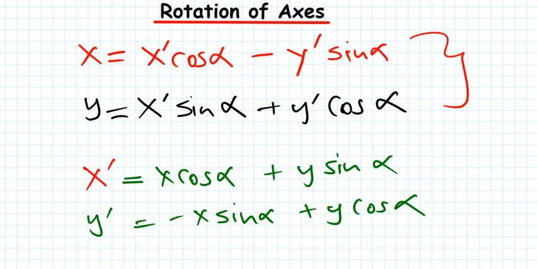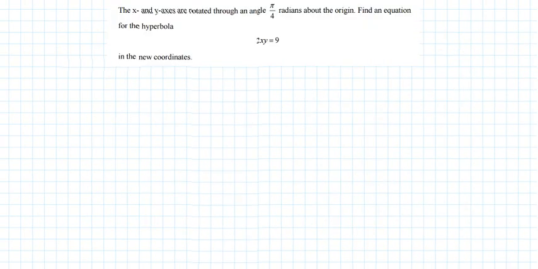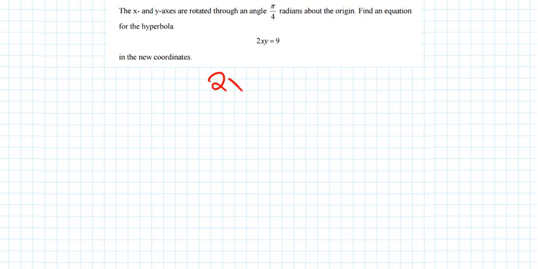Now straight away we'll look at an example. I said rotation helps us do away with the term xy. So we have been given 2xy is equal to 9.